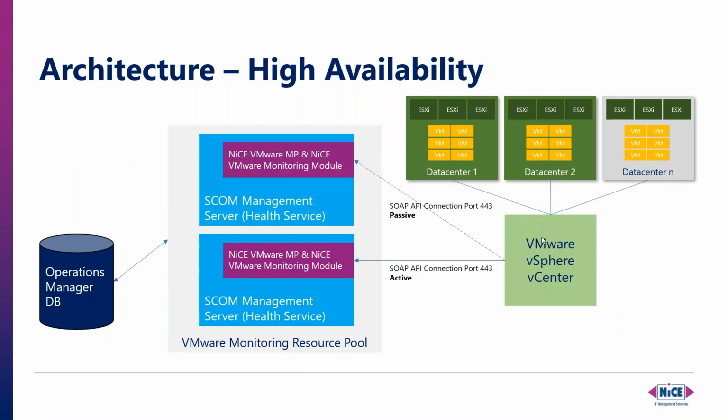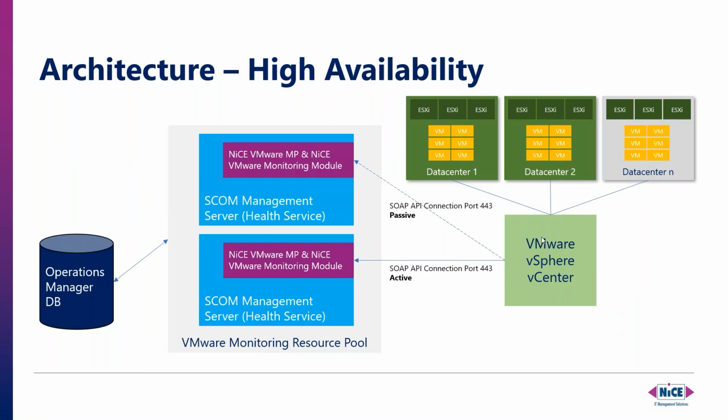There's a big advantage here, which you see right now: the high availability piece. We had high availability in version 5 too, but it was basically a redundant collection. If you remember, in version 5 we had 2 management servers, both building the connection to the vCenter and collecting the data, and if one management server goes out of service, the data is present on the other. However, there was still extra load on the API, which brought the data into the other management server's WMI repository.